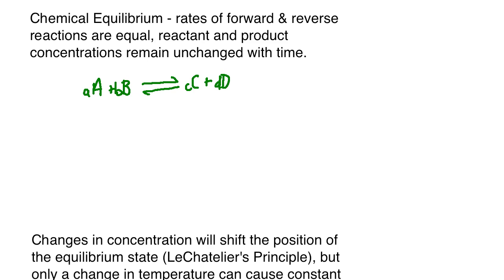All right, so how do you calculate the equilibrium constant? You're going to calculate what's called Kc, and this is the abbreviation for the equilibrium constant. And you will do products over reactants. This is the way that we calculate this.